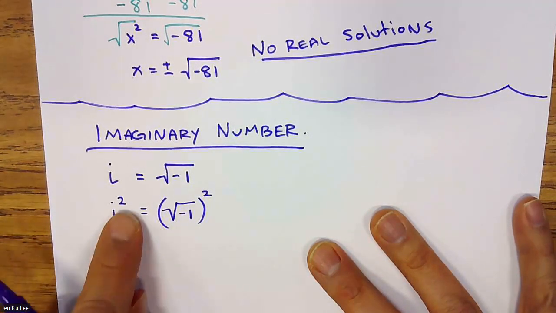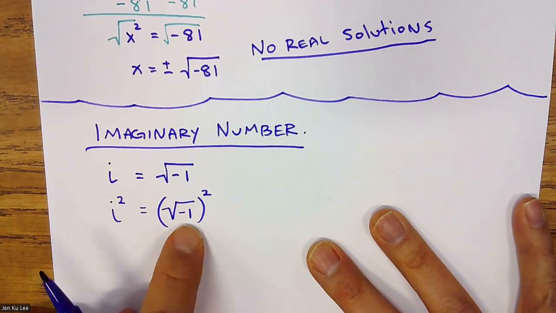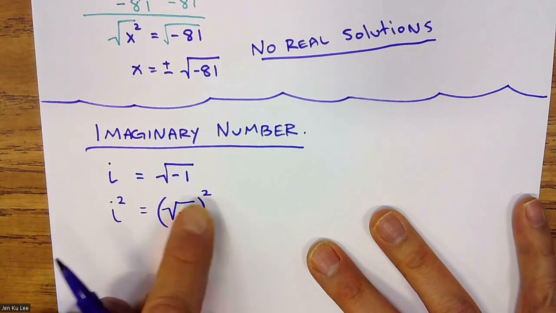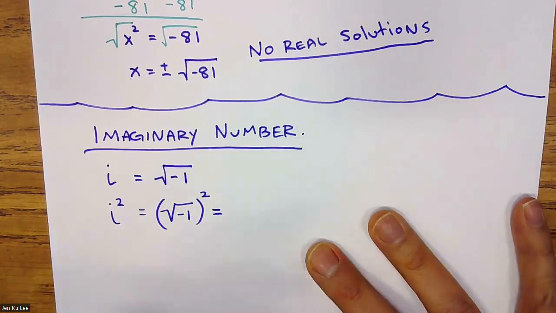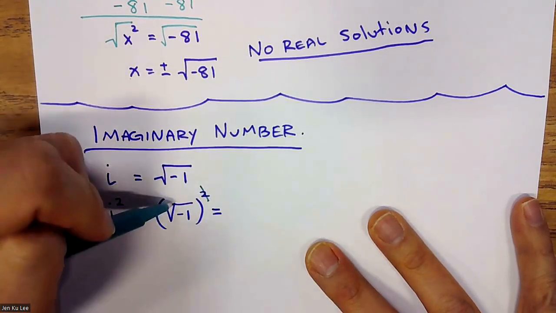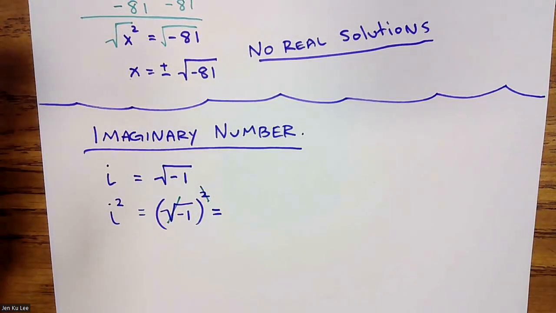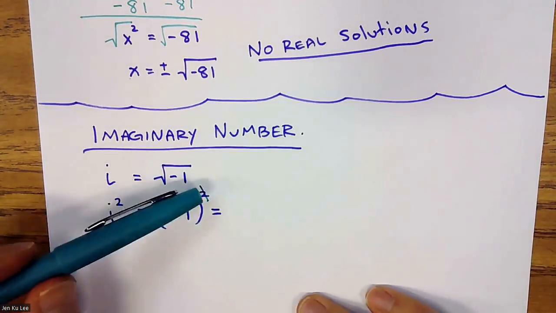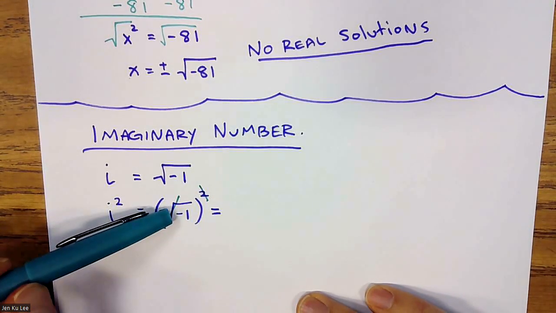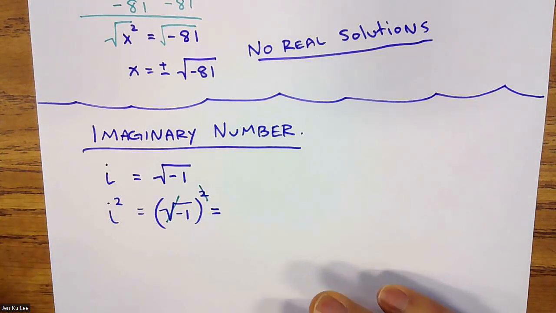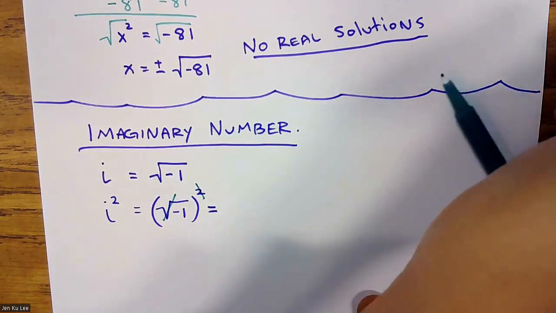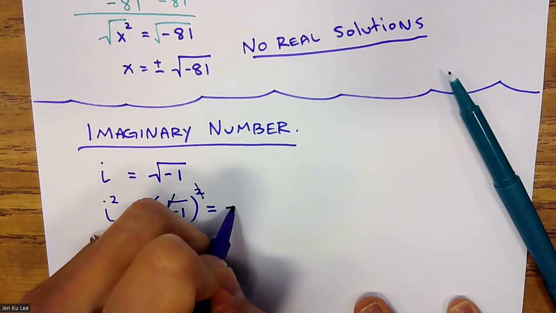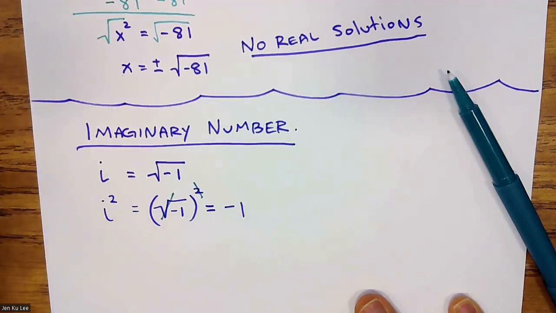Now remember, the squared and the square root are inverse operations, like addition, subtraction, multiplication, division. So they cancel each other out, okay? So we're just left with -1. So i squared equals -1.